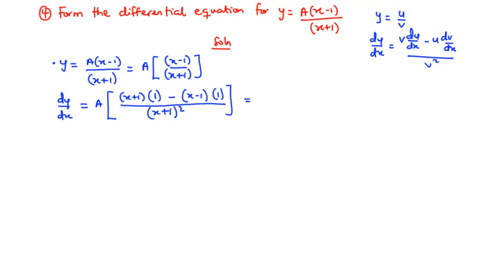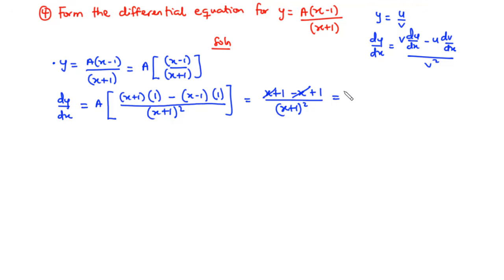Now let's simplify. So you have x plus 1. Now 1 times x minus 1 is the same as x minus 1. So this negative is going to affect each of the terms. So you have negative x plus 1. So negative negative is positive, divided by (x plus 1) all square. That is equal to, x cancels out negative x.